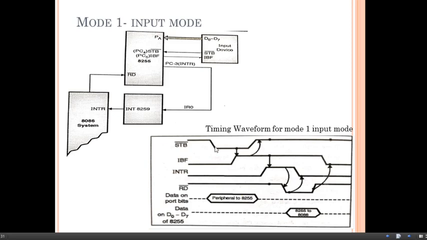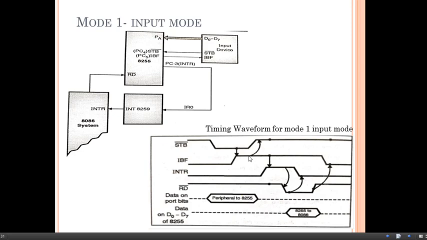When this strobe signal is received by the 8255, the 8255 generates the IBF signal. In response to this strobe, the IBF signal is generated. Once the strobe signal is active low, the IBF signal is made active, means it is made high. When IBF is generated, the condition of strobe, IBF and INT is satisfied to generate the INTR signal.